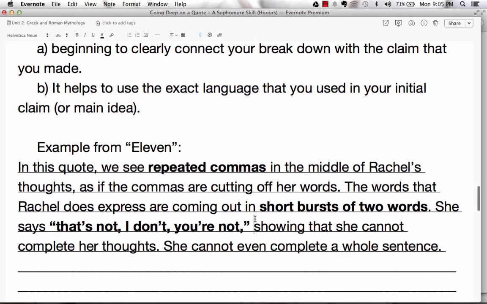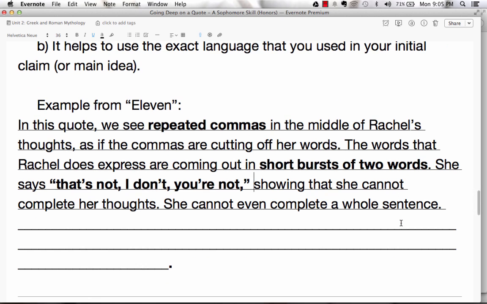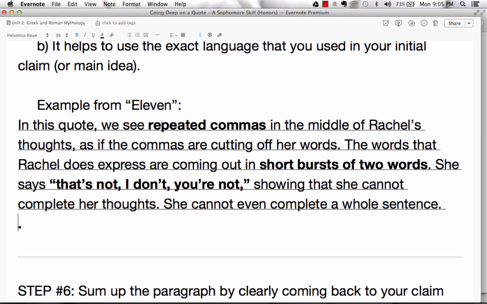So here was the breakdown that I just wrote. Now I want to connect that back to Rachel having such a lack of confidence that she cannot speak. So how am I going to connect this? So I said she cannot even complete a whole sentence. So these fragments, we know that those aren't whole sentences, right?